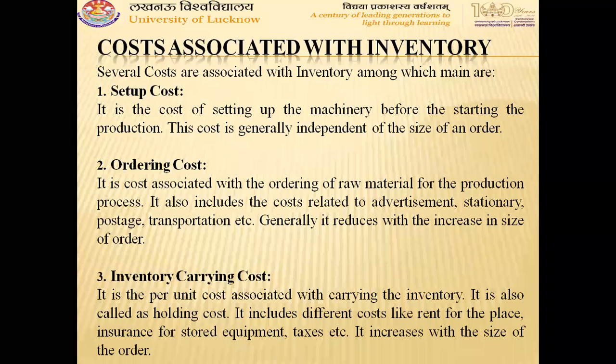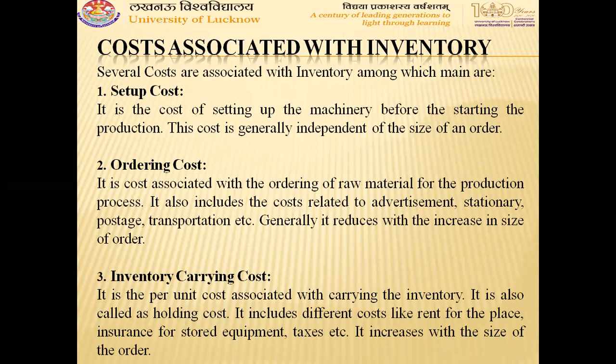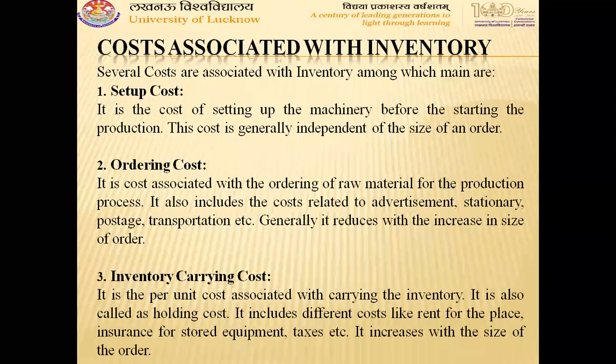Like if you buy one piece of soap, it will cost rupees 20, and if you buy a pack of three, then 5 rupees will be deducted, that is you will get three for rupees 55. That means per unit cost will become around 18 to 19 rupees. That's how ordering cost reduces with an increase in the size of the order.